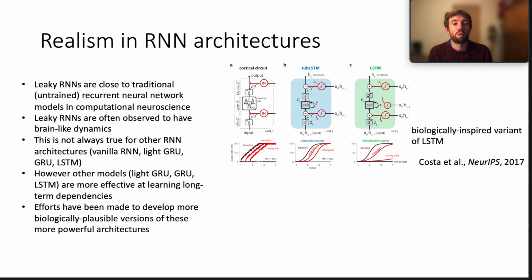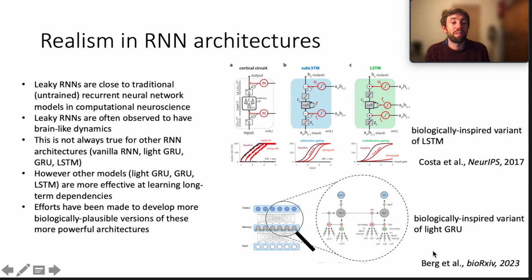Here we can see some proposals for a biologically inspired variant of the LSTM by Rui Costa and colleagues. And one of the key differences here is that instead of this multiplicative gate that is used in the regular LSTM, whereby the value of the gate between 0 and 1 is multiplied by the activity value in order to reduce it multiplicatively, as shown here, we see subtractive gating, which is thought to be representative of how inhibition from at least some inhibitory neurons acts on the excitation of excitatory cells in the brain.